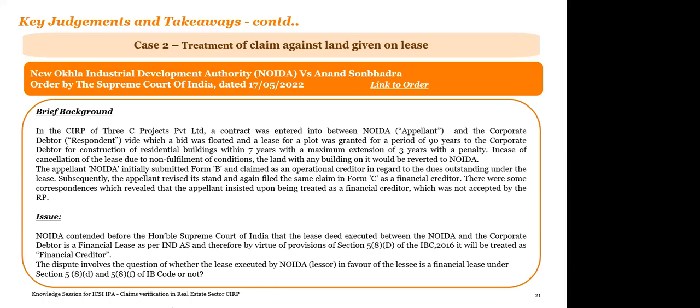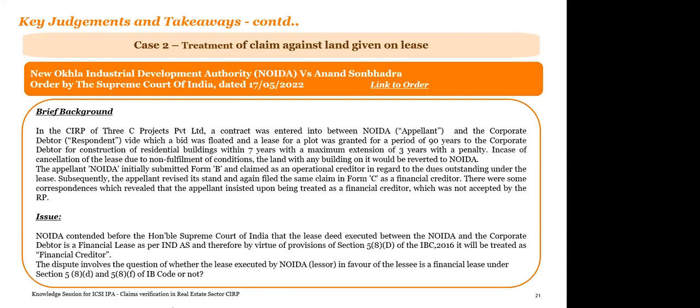In this CIRP, initially Noida filed their claim for the leased land in Form B. Later, they took a revised step to establish their claim as a financial claim.